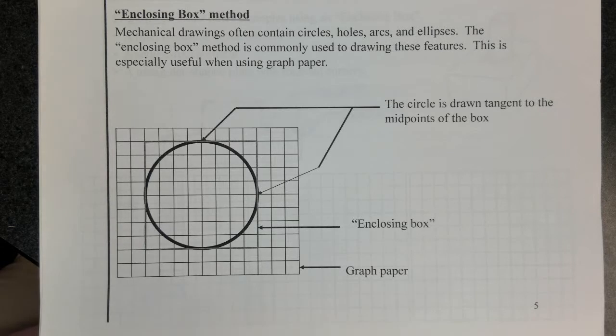If your hand shakes like a sewing machine, then chances are it's going to be very hard for you to draw a circle. So maybe you would use the enclosing box method to draw your circle. Okay?